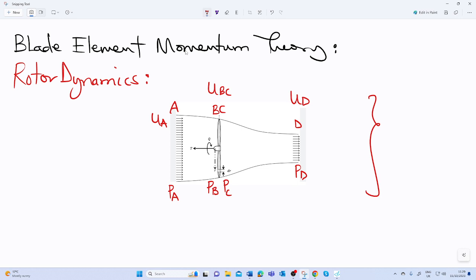Don't let us forget the thrust, imagine from the rotor, which is T, and don't let us forget at the section of the rotor blade we have separate UB and UC, based on the assumption of the equation of the momentum of a rotor.